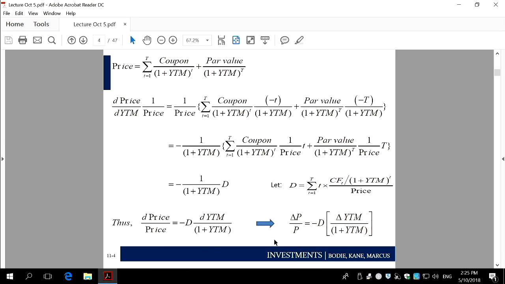And remember, our definition of duration is something like this. So this is roughly, we prove it, if this delta P and delta yield to maturity are small enough, then we can go from this first derivative result all the way to this delta result.